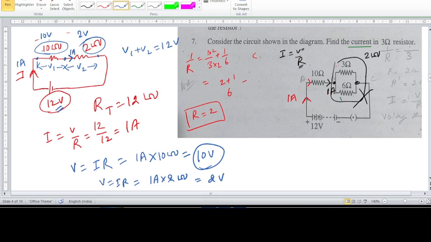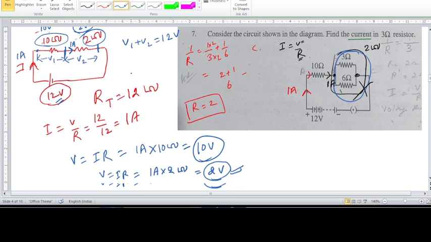I have already told you this 2 volt, but by calculating you can also observe that 2 volt is being consumed by this portion, and this portion is made up of 3 ohm and 6 ohm resistance. So we have got the voltage across it.